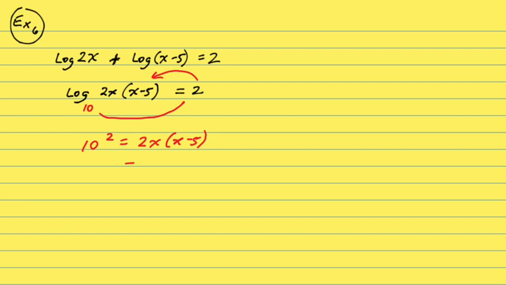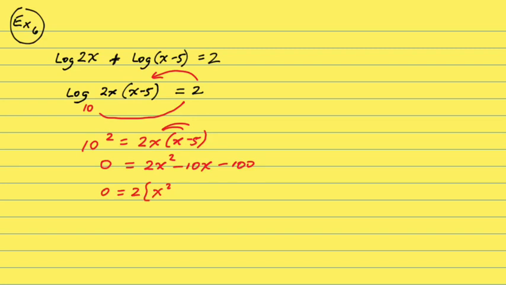So what do I get if I distribute 2x squared minus 10x? If I subtract the 100, I make it equal 0. The only way to solve a quadratic is to make it equal 0. So, can I factor a 2 out?